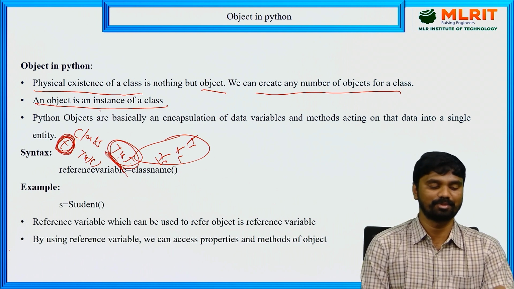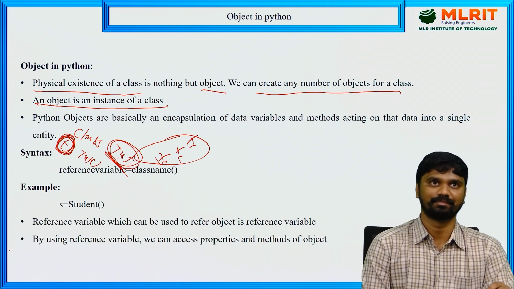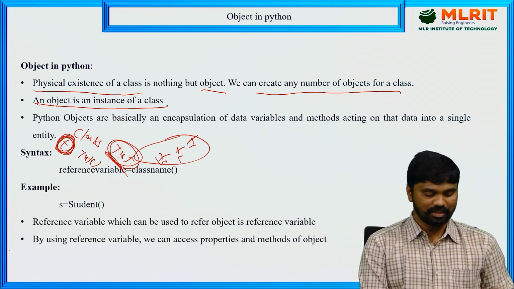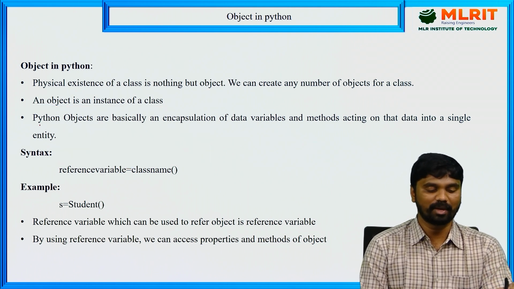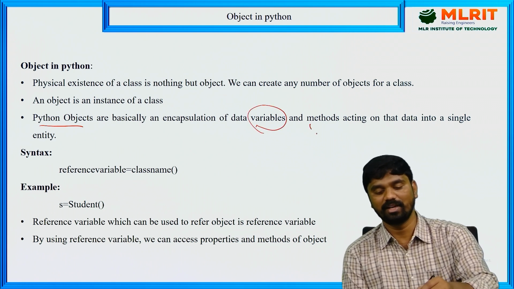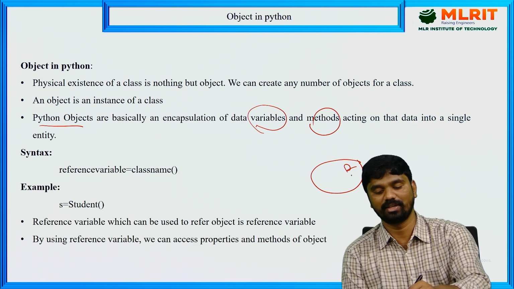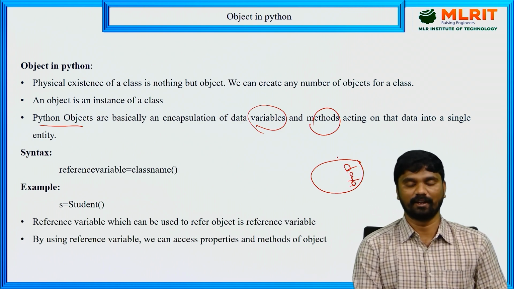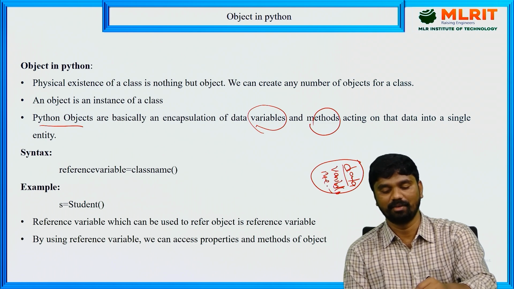So sometimes we say objects are instances of a class. Next, Python objects contain data, variables, and methods. In this object we get the data, and this data is represented in the form of variables and methods.